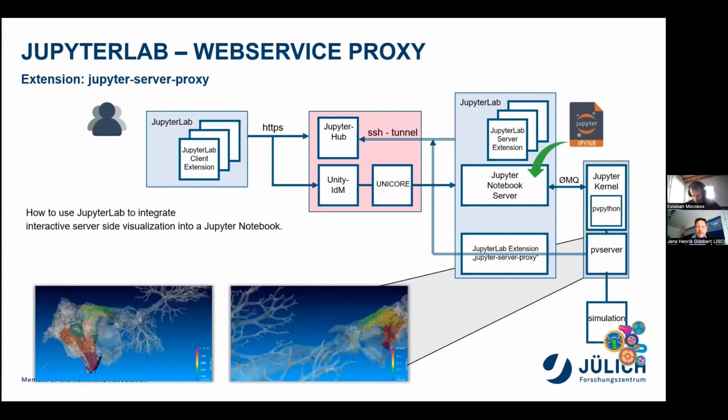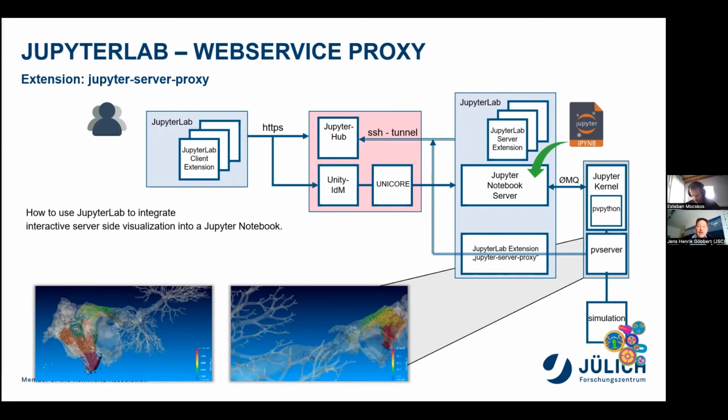So here, for example, for visualization, you have a simulation on the right, which is running. It provides data to the ParaView server. This ParaView server is connected to a Jupyter kernel, which runs PV-Python, and that creates images.